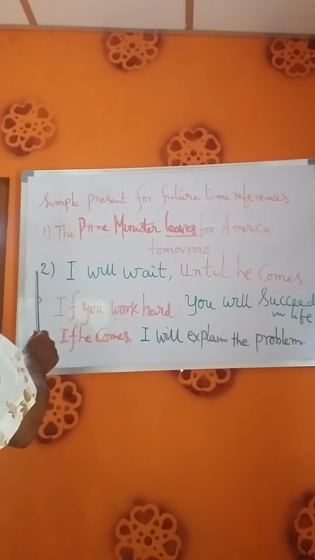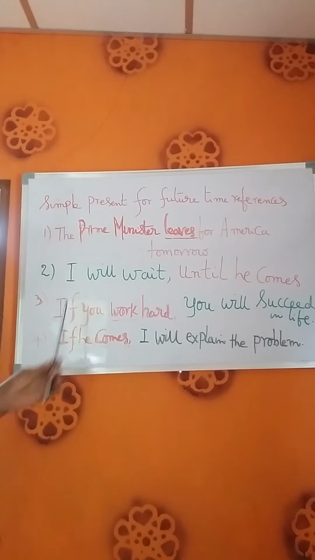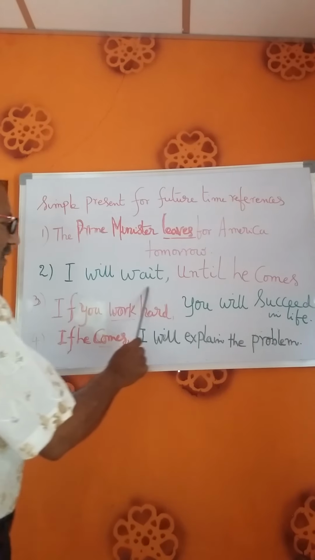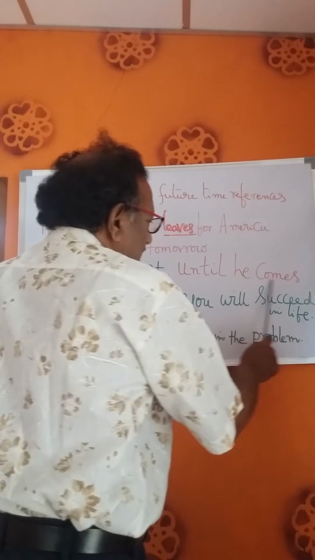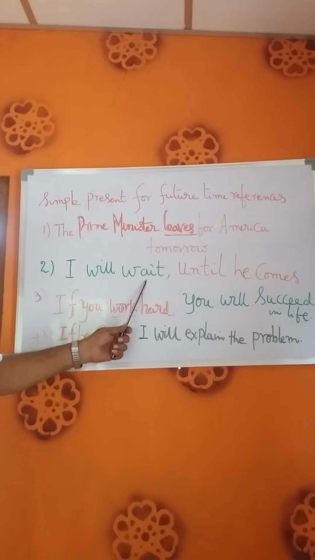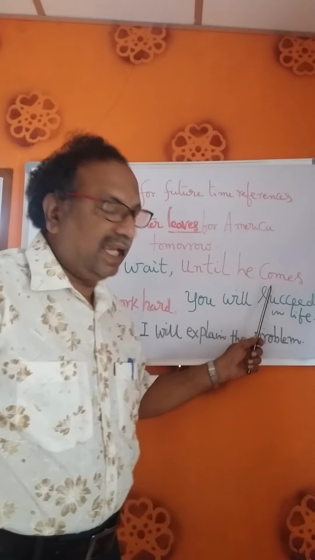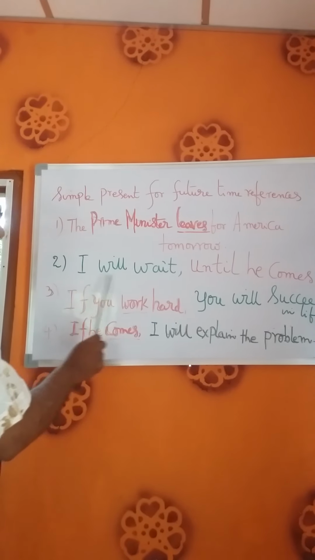Now look at the second sentence. I will wait until he comes. Here there are two clauses. This is called the main clause, this is called the subordinate clause. When the main clause is in the simple future, the subordinate clause must be in the simple present. Okay, have you understood? I will wait.